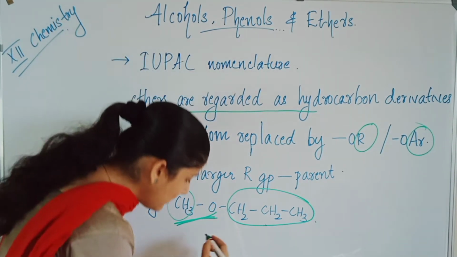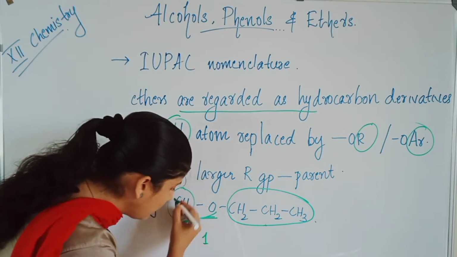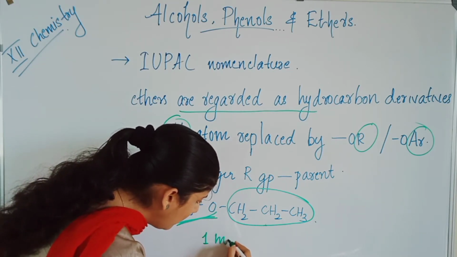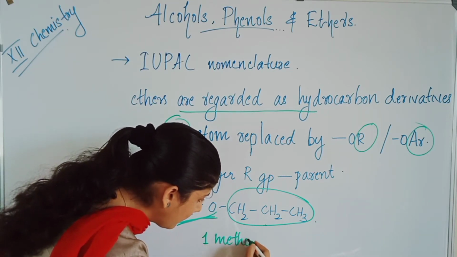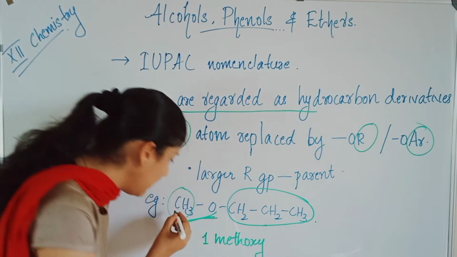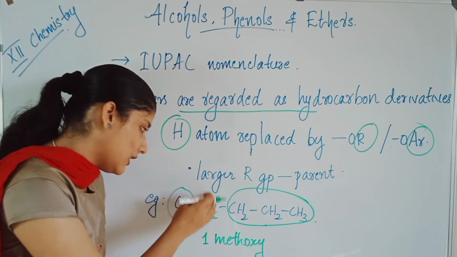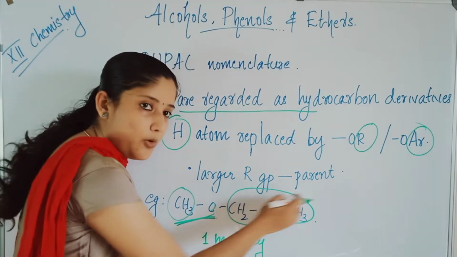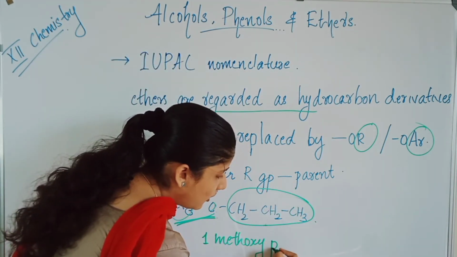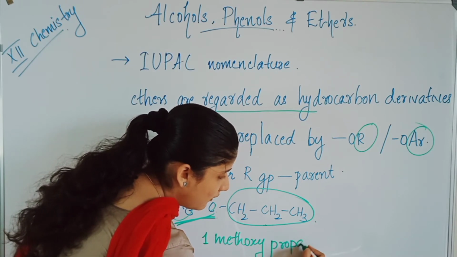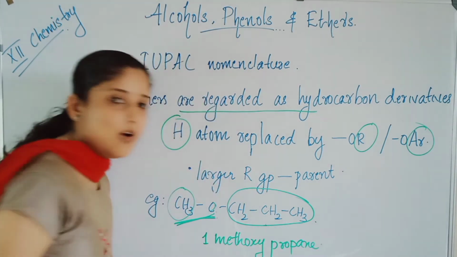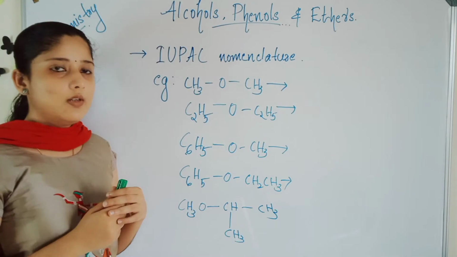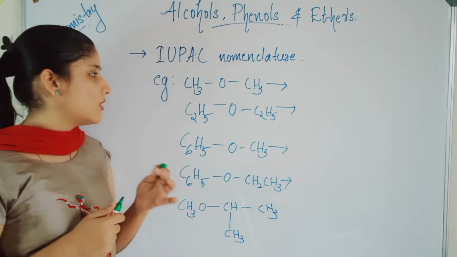In the first position it is 1-methoxy. This is methyl group. This is the substituent, and this is the parent, propane. 1-methoxypropane is how we name this compound.